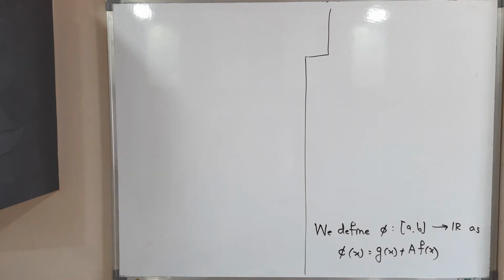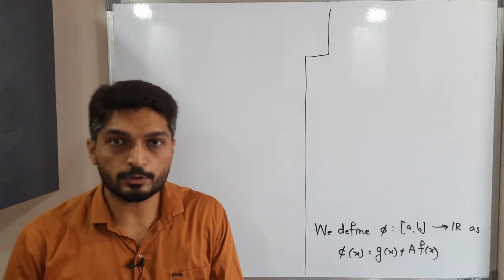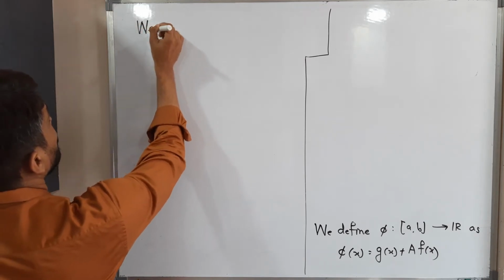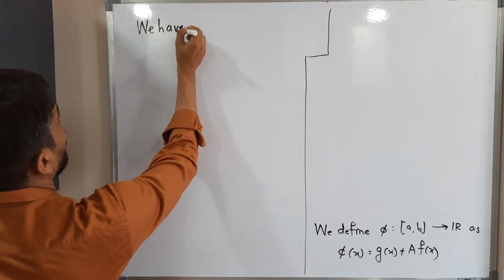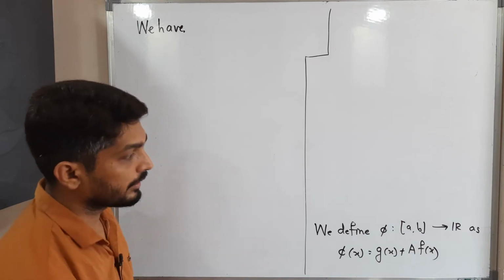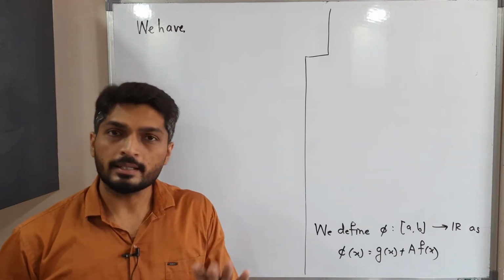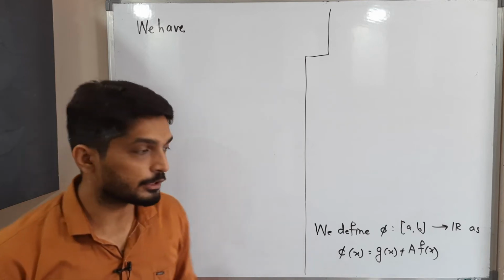Okay, so let us continue now. This function we have defined, phi. Let us use the given information. Here we have taken a constant a. A is any constant, but it should satisfy one condition.